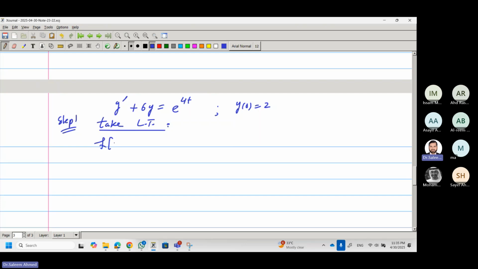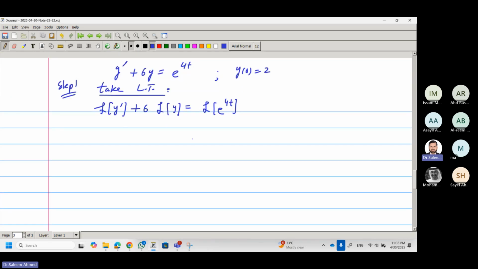So Laplace transform of y prime plus 6 Laplace transform of y is equal to Laplace transform of e to the power 4t. Now from the tables of Laplace transform, you know that this is 1 over s minus 4. This is 6 Laplace transform of y, and Laplace transform of the derivative is s Laplace of y minus y(0). This also comes from the table.